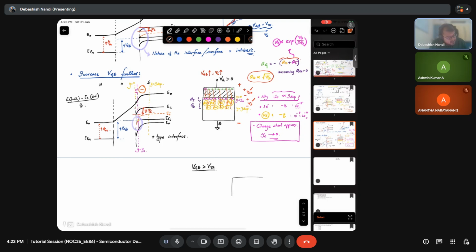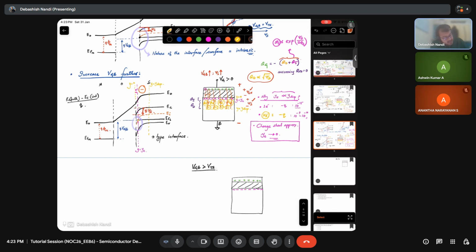In that case, what will happen in the MOS capacitor? So here are your positive charges, and most of the negative charges will be densed here.